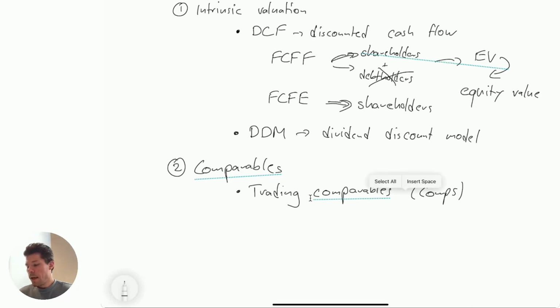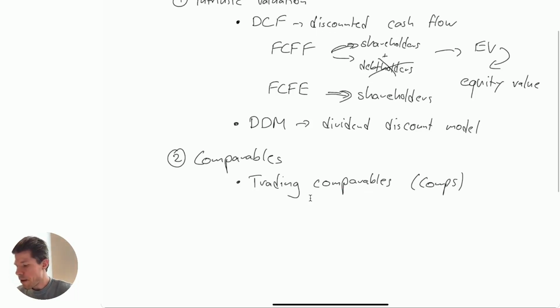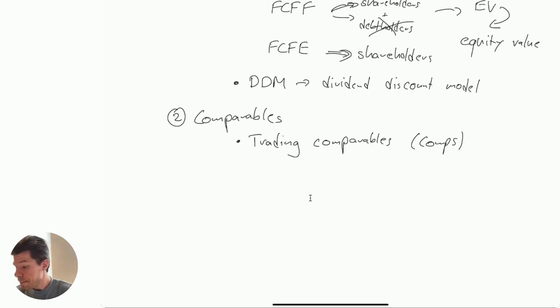It looks at how similar companies are traded at which price. So it looks at, okay, company A has sales of 100 million and is traded at a 10 million valuation. Then if our company has half the sales, we could expect the company to be traded at half of the valuation.